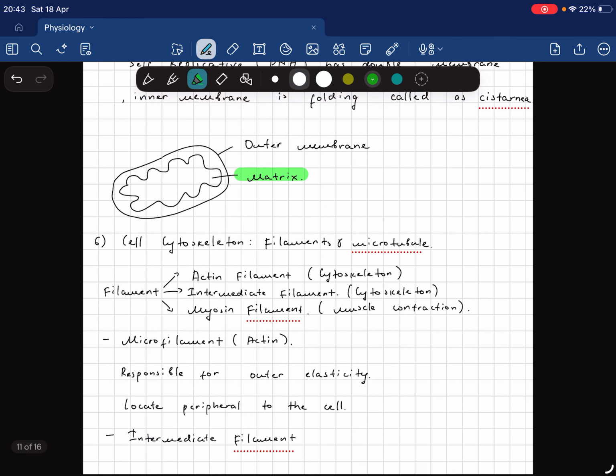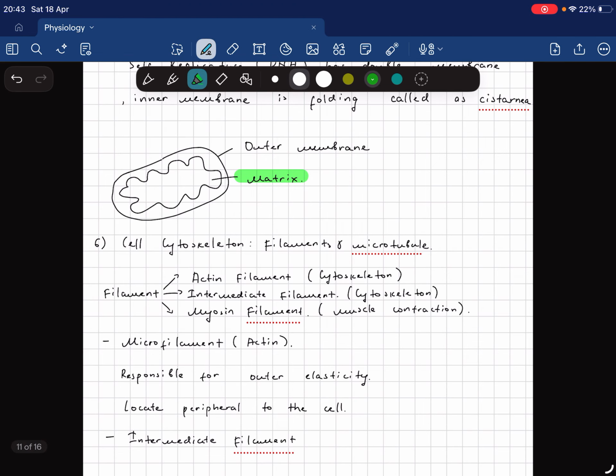The sixth one is the cell cytoskeleton. In the Guyton, it explained filaments and microtubules, and I searched it for myself. In terms of size, there are three types of filaments: actin filament, intermediate filament, and myosin filament.